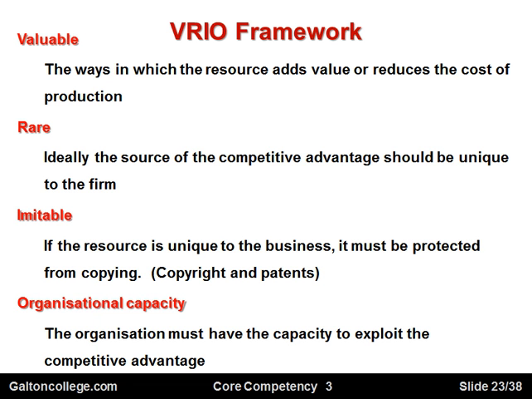So we have 4 parts for this framework: valuable, rare, imitable, and capacity. So to fully exploit a resource, particularly if the resource is yielding a competitive advantage, we should look at those 4 parts.